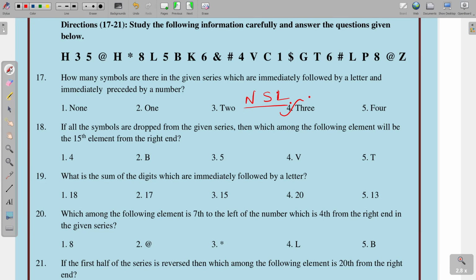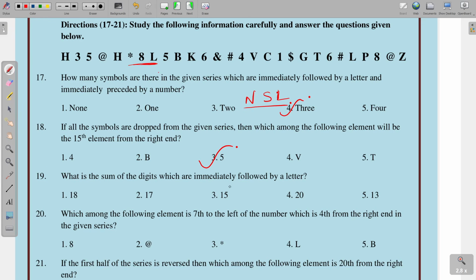Next, if all the symbols are dropped from the given series, which among the following elements will be the 15th element from the right end? So see, 1, 2, 3, 4, 5, 6, 7, 8, 9, 10, 11, 12, 13, 14, and next 15. 5 is the answer. What is the sum of the digits which are immediately followed by a letter? So we need to calculate the sum. So see the first one, that is 8.